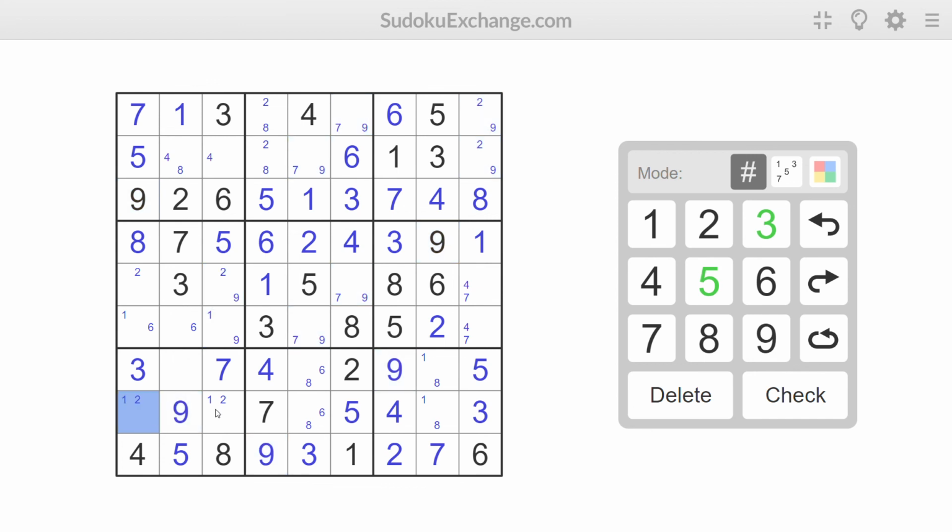We have a 1 2 pair here, a 3, a 4, 5, 6 is remaining. Put in a 6 here, which takes care of this 6. Put a 6 which is left here, 1 which is remaining. Put in a 1 here, 9 over here.